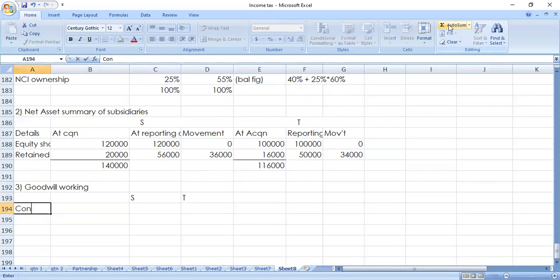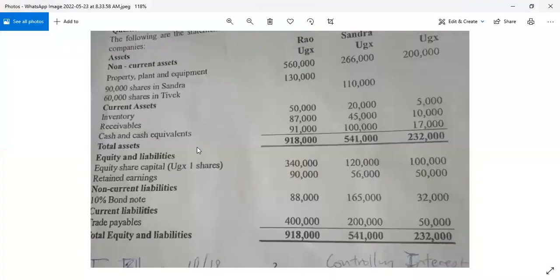The working doesn't change, you need the consideration. The consideration in this case was given in the balance sheet. I may take you there shortly. Usually you're supposed to check the additional information first. If it's not there, then automatically what is in the balance sheet becomes what they invested.